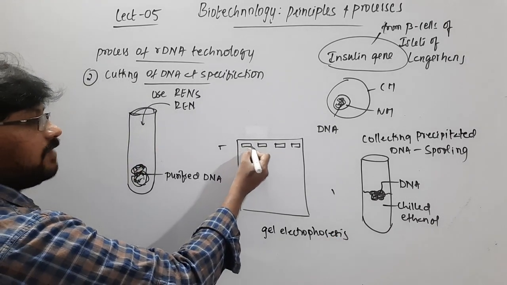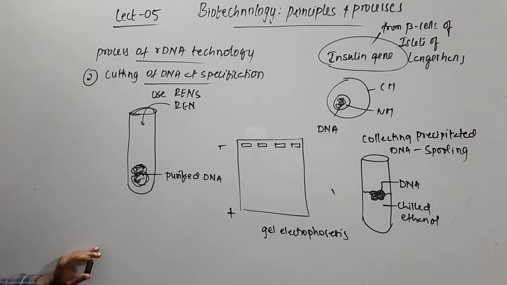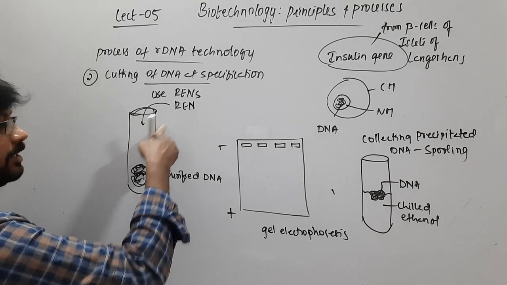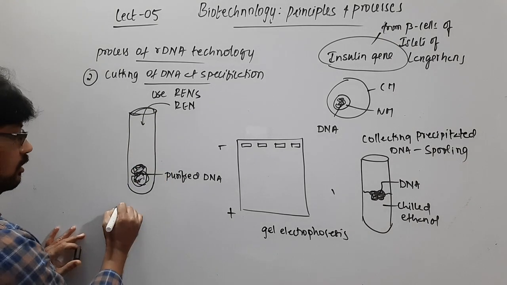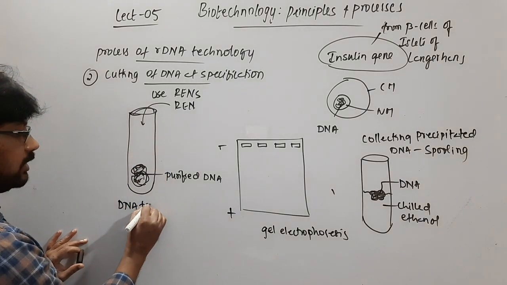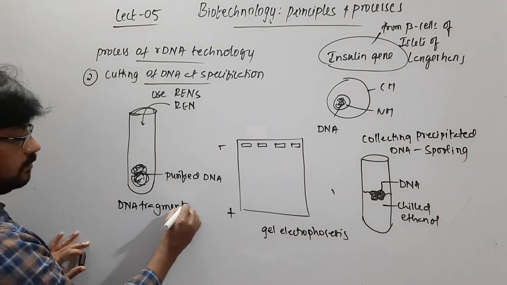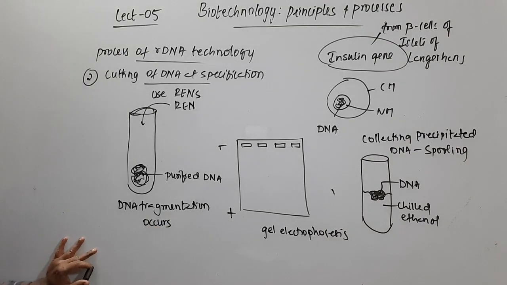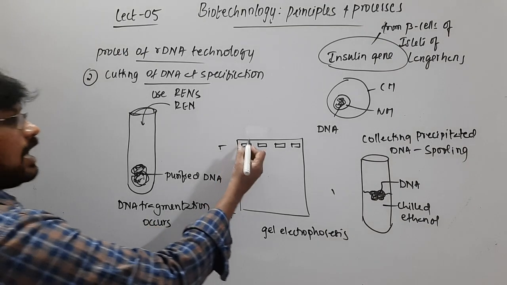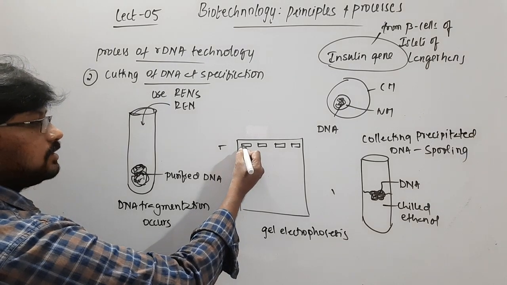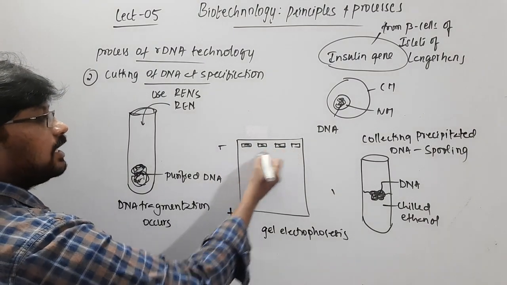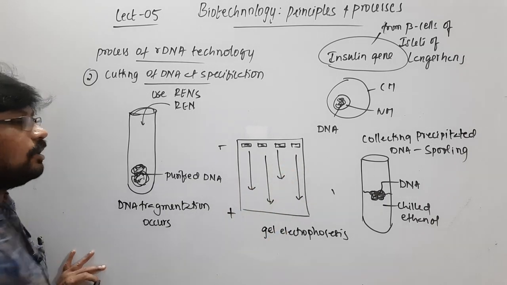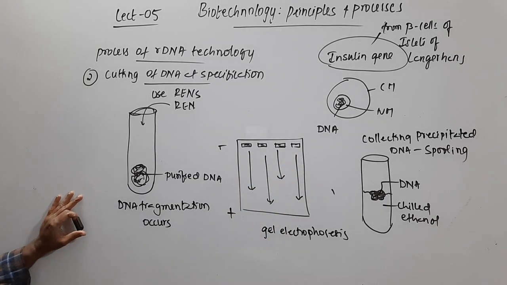These are wells into which the fragmented DNA is loaded. Once restriction endonucleases are added, DNA fragmentation occurs, and those fragments will be loaded into these wells and get separated based on their size.